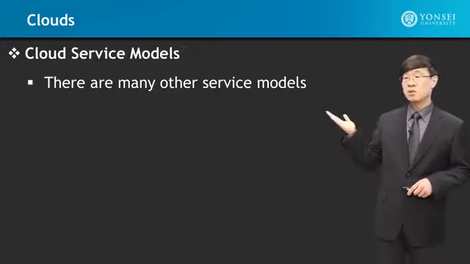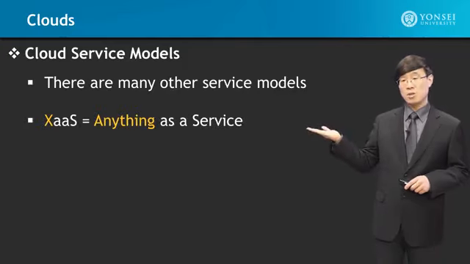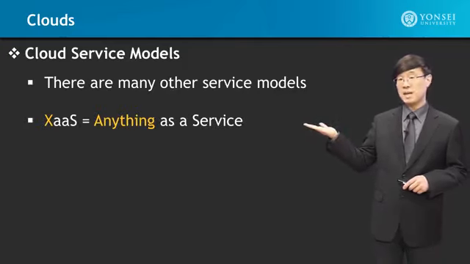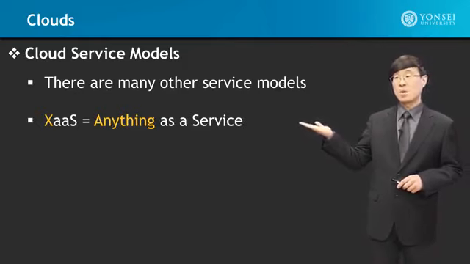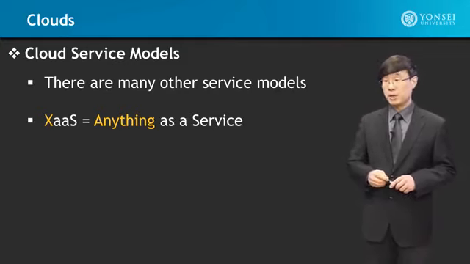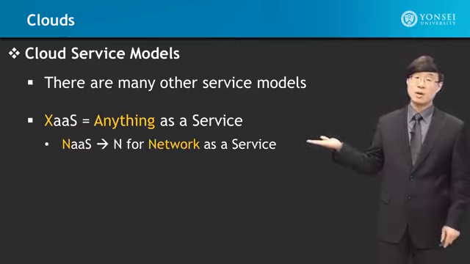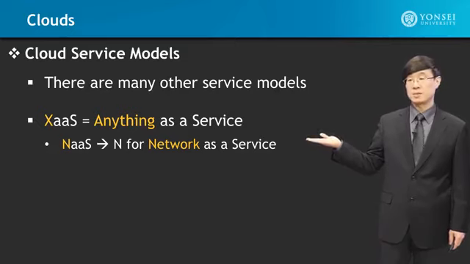The cloud service models include other types of models, which can be classified as XaaS, where the X is where you can put in whatever letter you want. For example, people are putting in N to make it NaaS, where N stands for network, so it becomes network as a service.